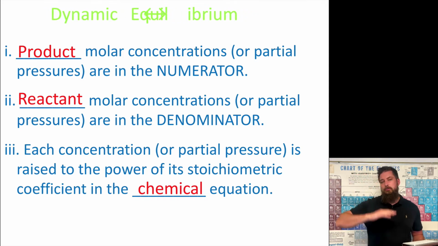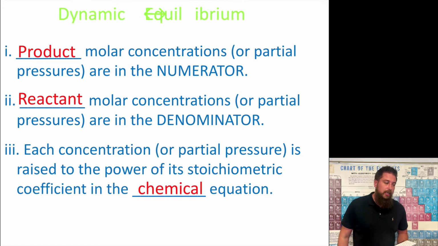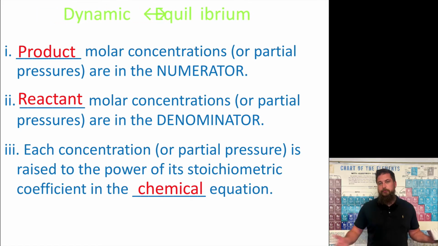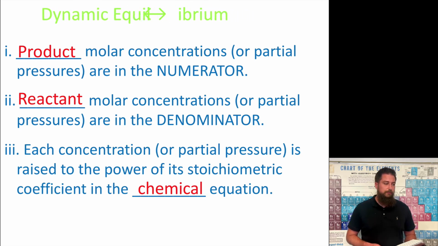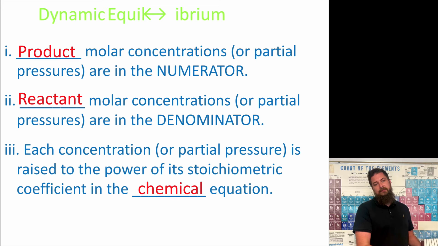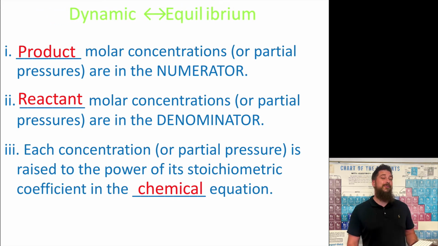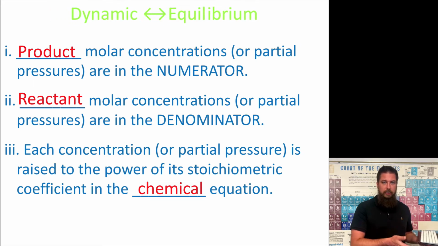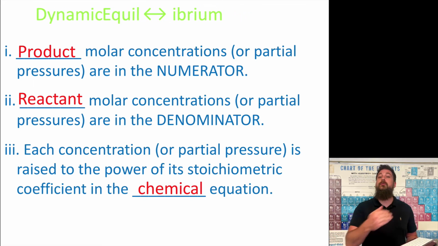The reactants will always be in the denominator. And each concentration or partial pressure is raised to the power of its coefficient in the balanced chemical equation. What's nice about this is we're not going to have to calculate anything, but if we're given a certain K value, we can determine, based off the K value, whether we're going to have more product or more reactant.